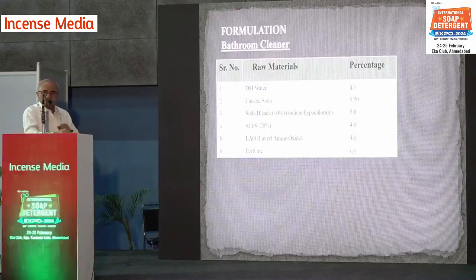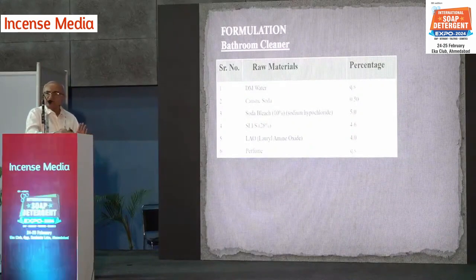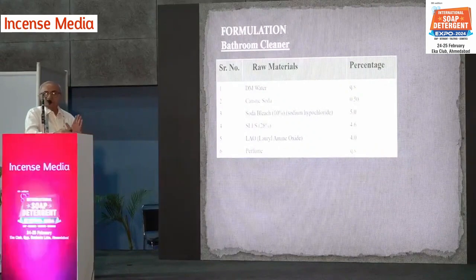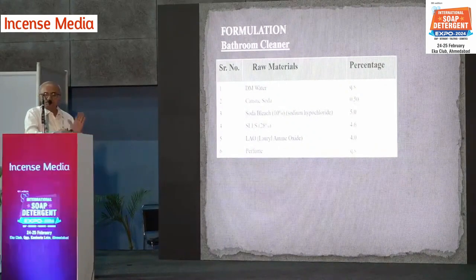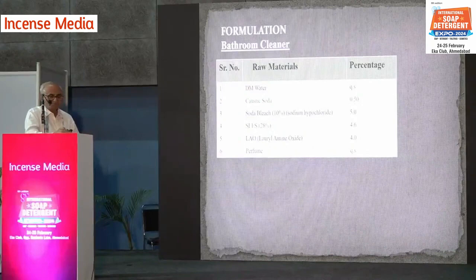Then SLS is added. This LAO, lauryl amine oxide, is a non-ionic and a very good surface cleaner, for bathroom cleaner, and it provides viscosity also. It thickens the product, then perfume.